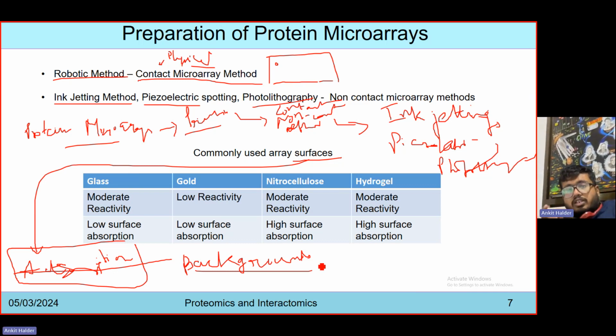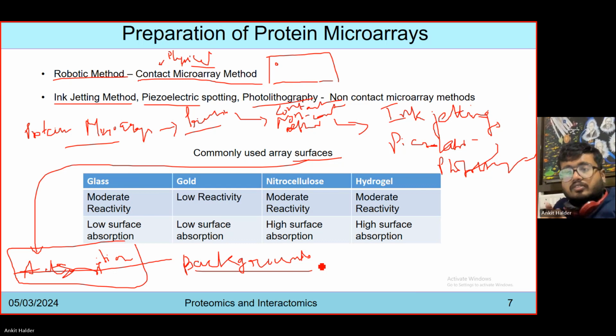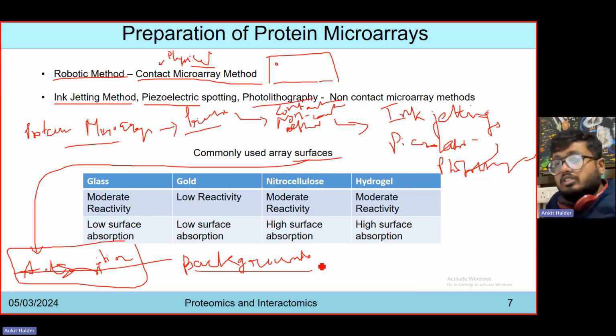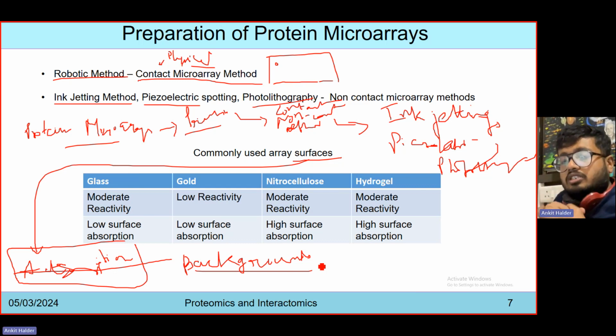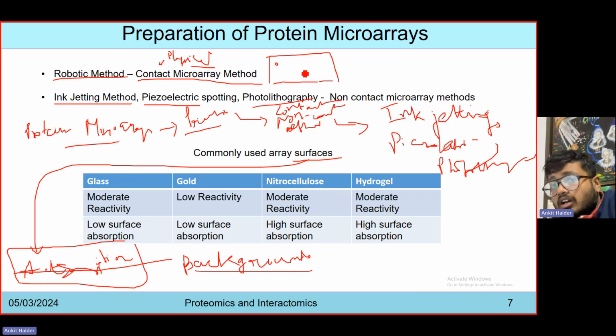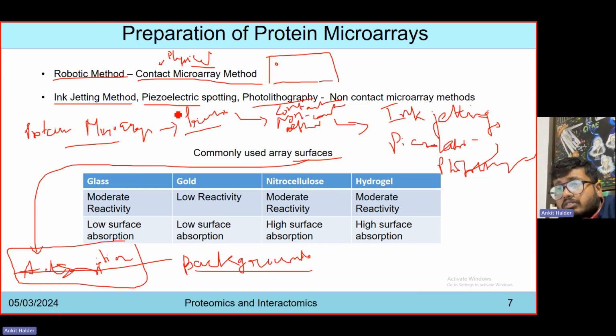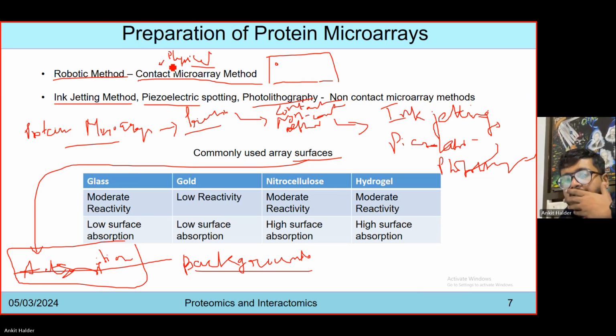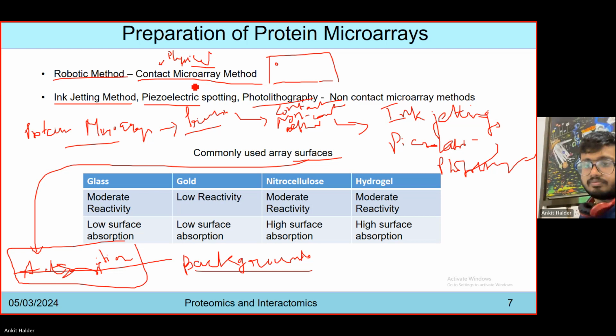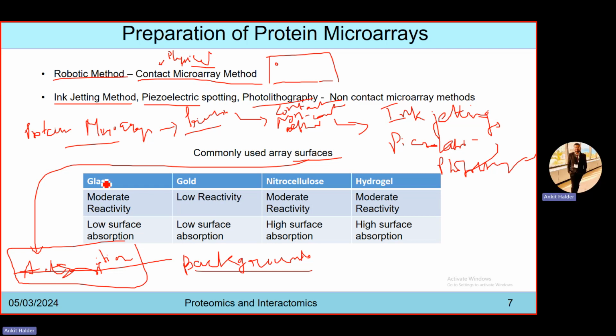So this is also quite important to get to know. Among the common ones you are very much familiar with, the first is glass, second gold, nitrocellulose, and hydrogel.